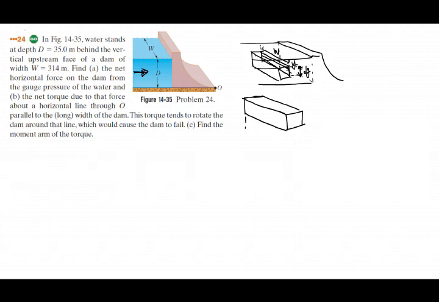I'm going to simplify this drawing into this rectangular shape, so that the width of this area of water is W, the horizontal distance could be expressed with the variable x, and the height of this area is dy.